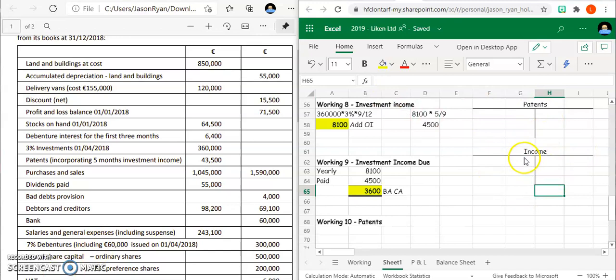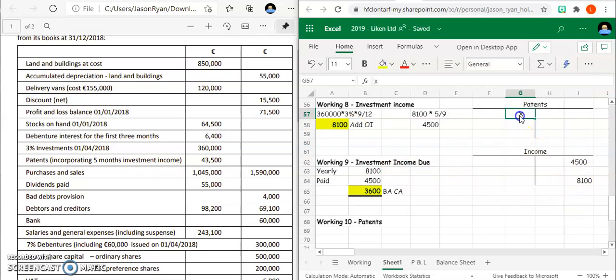I will put our income underneath it. So patents is an asset, so if you want to increase an asset, it goes on the debit side, and income is a credit, so if you want to increase an income, it goes on the credit side. So we know that our income for the year is 8,100, so that goes on the credit side. Now we have received 4,500 already.